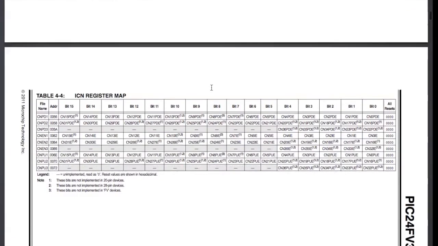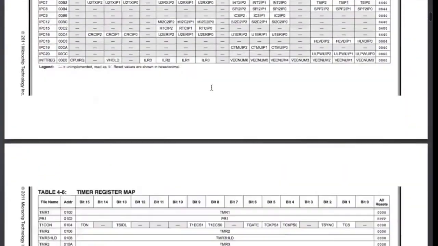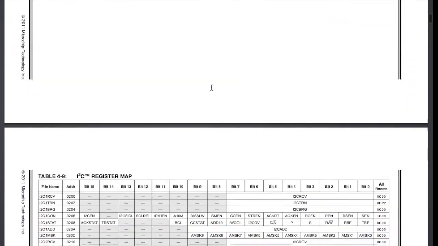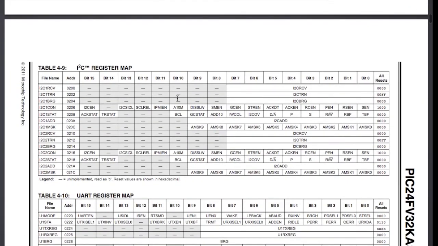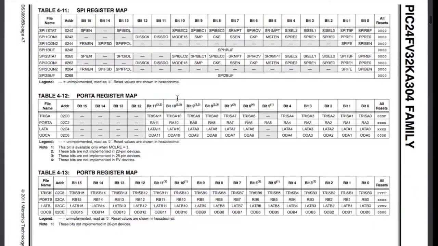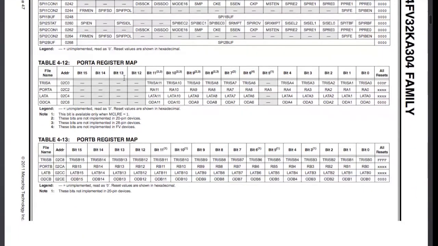And if you scroll down on your sheets, you will come to one of the most important ones, which lists all the registers. Let me show you this one here, which is the PORTA and PORTB register maps. Again, you can see it starts at bit 15 down here and goes to bit 0. So there's no bit 16 because you have to count from 0.